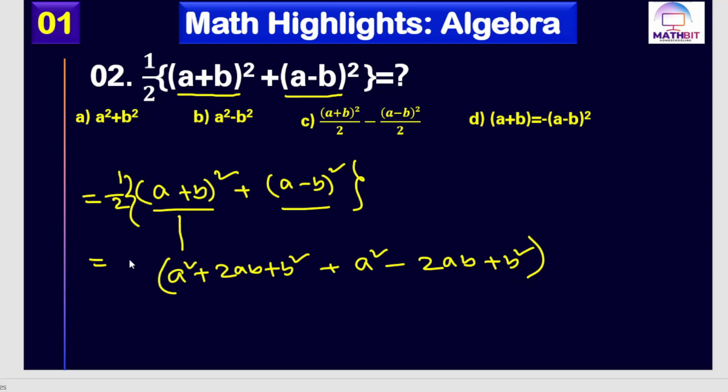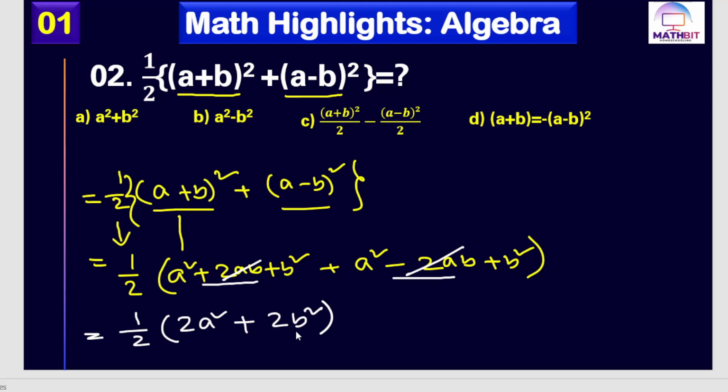And it should be multiplied by 1 by 2 because the question has 1 by 2. Now look, here is plus 2ab and here is minus 2ab, we can cancel them. So here is 1 by 2 and here is 2a square plus 2b square.